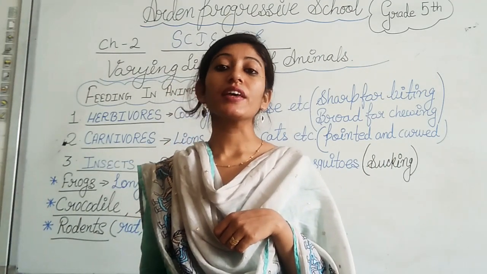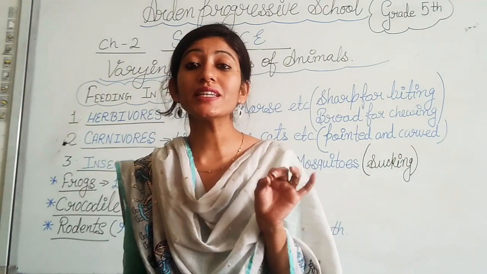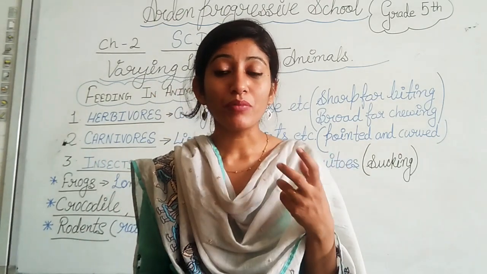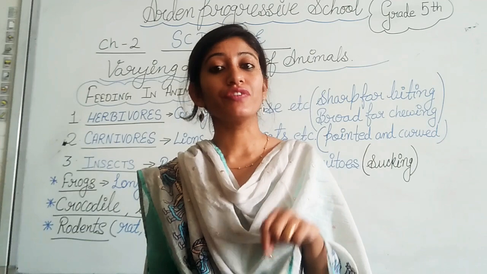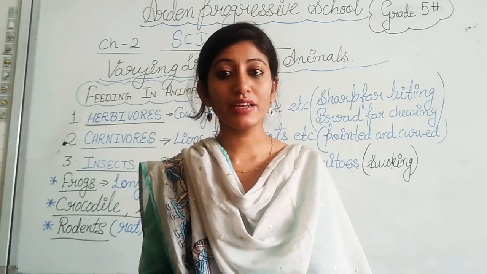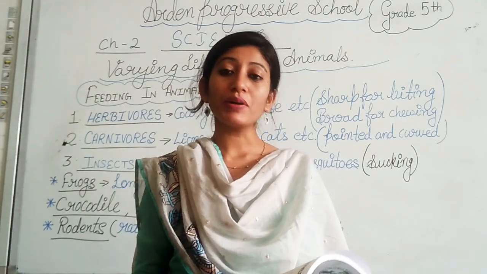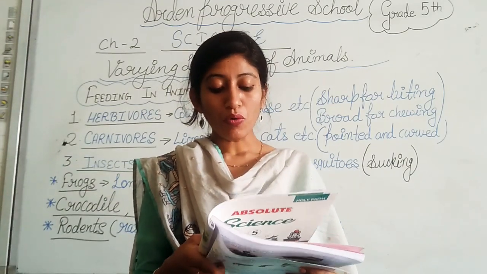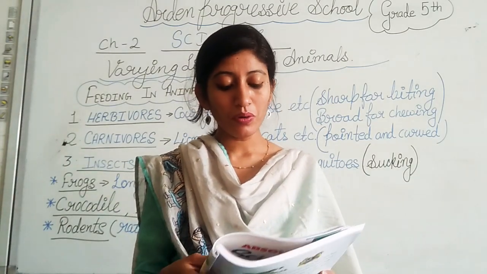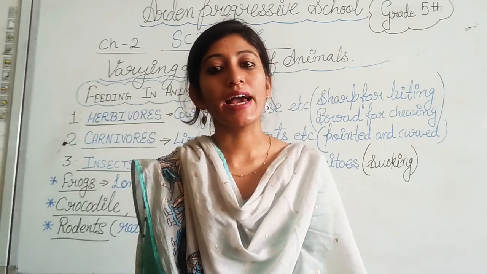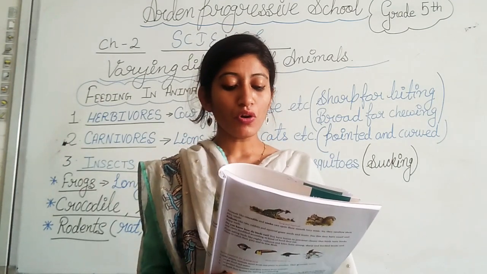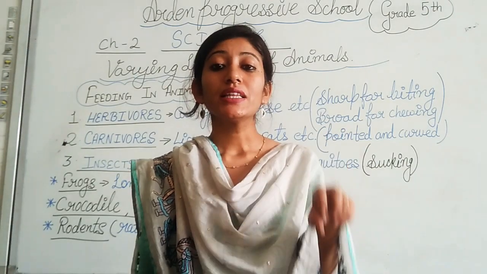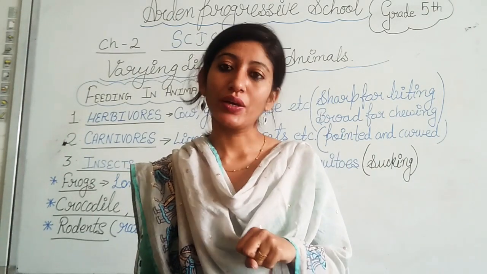In the same way, the mosquito has a piercing type of tube which helps the mosquito in sucking the blood of human beings and animals, right? Now, this particular type of tube, its name is proboscis. Proboscis, it is a type of tube which helps the insects in sucking.